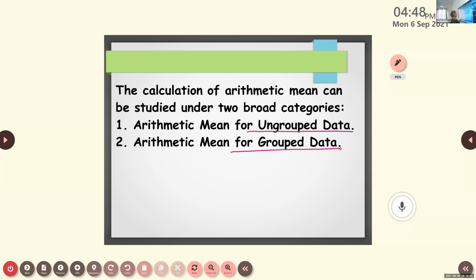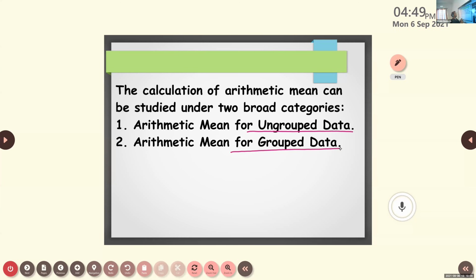What do you mean by ungrouped data? Kevin, can you tell? Simply the observations. The observations are not grouped. It is not given within the class intervals. Those kind of data we call it as ungrouped one.